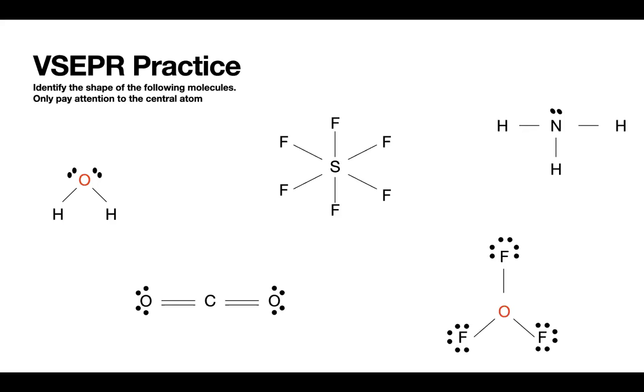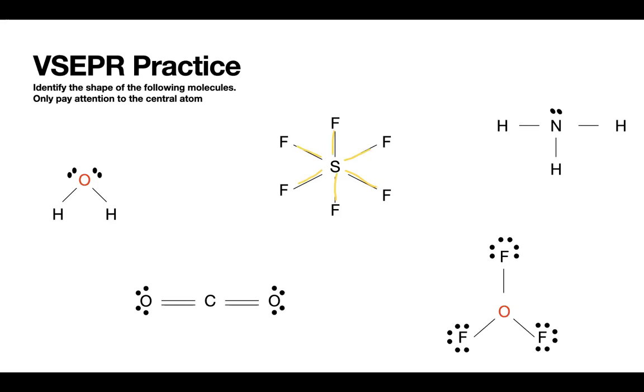Okay. So what about SF6? Anyone want to give that a crack? How many electron densities do we have? 6. Yeah, so we have 1, 2, 3, 4, 5, and 6.